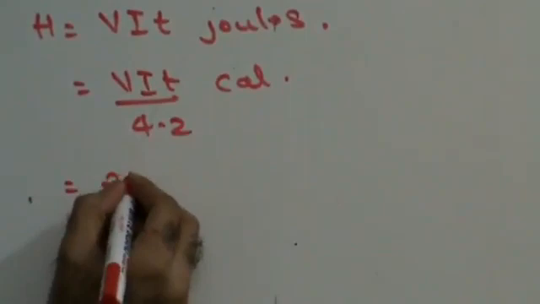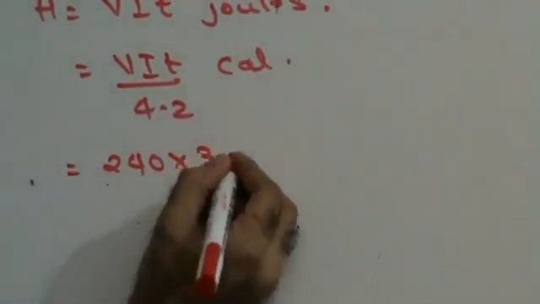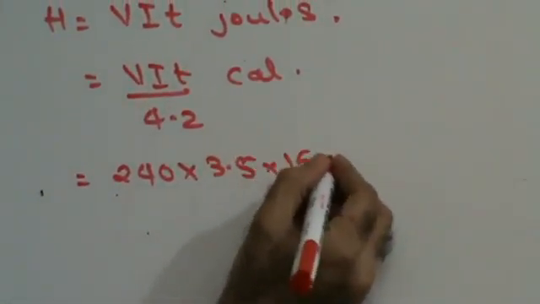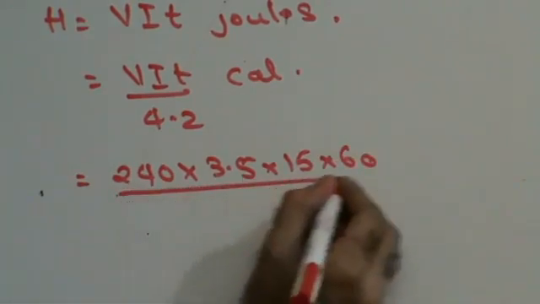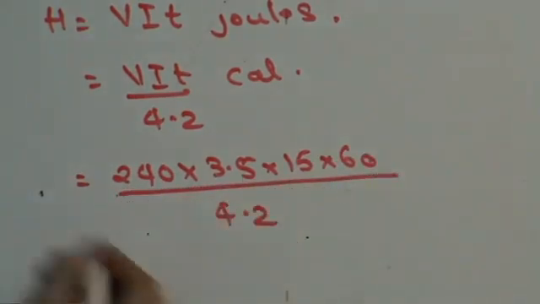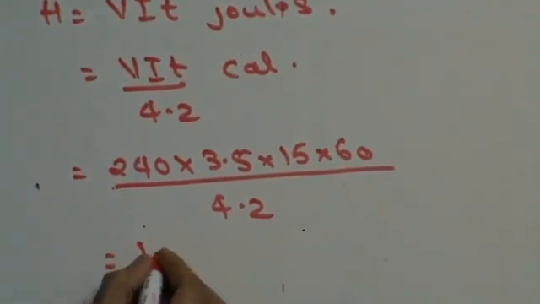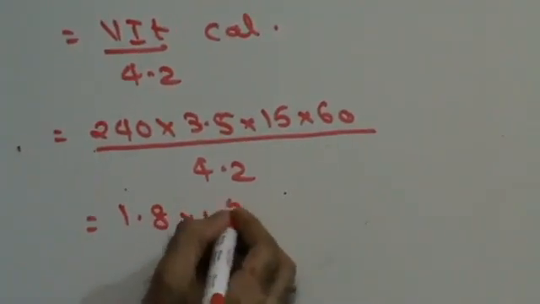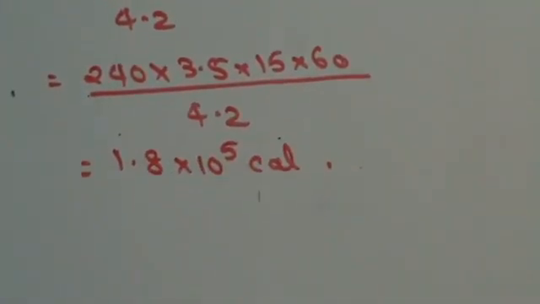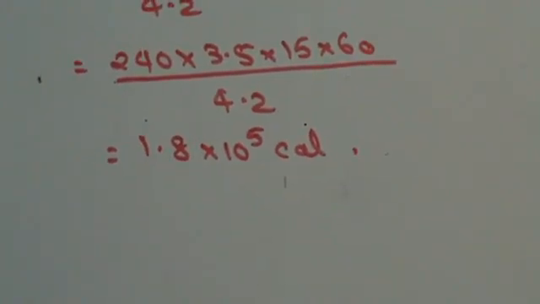So now I need to substitute the values: 240 into 3.5 into 15 into 60 divided by 4.2. Do your calculation. You should get this answer as 1.8 into 10 raised to 5 calories. Fine, do we get this? Right, next, take down the next one, please.